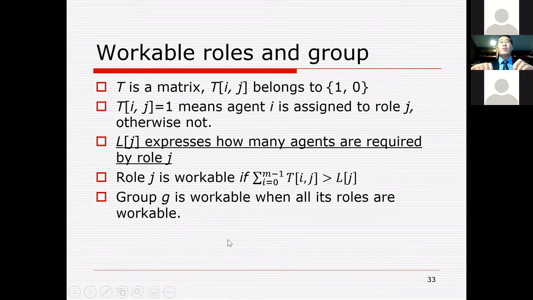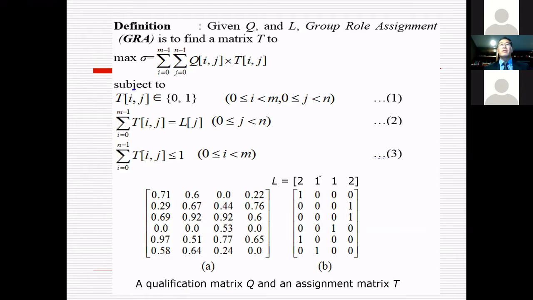Group G is workable if every row is workable. Now you can see the row assignment. Here L is 2, 1, 1, 2, meaning the first row needs 2 people, the second 1, the third 1, and the fourth needs 2.